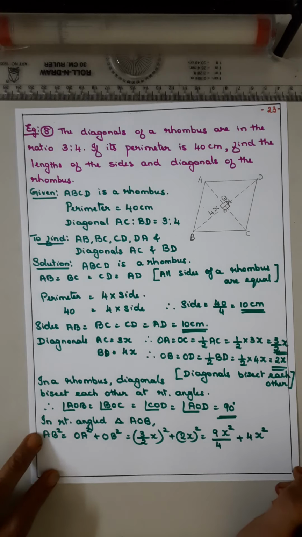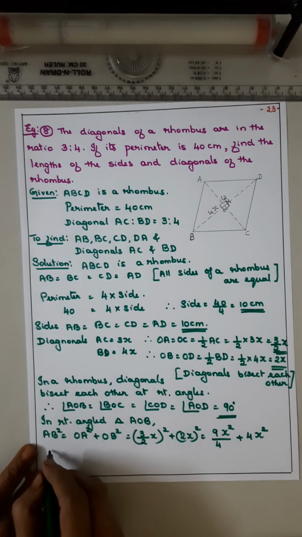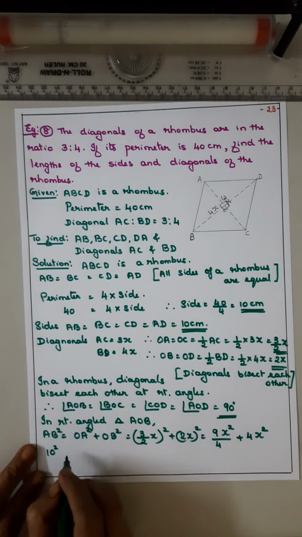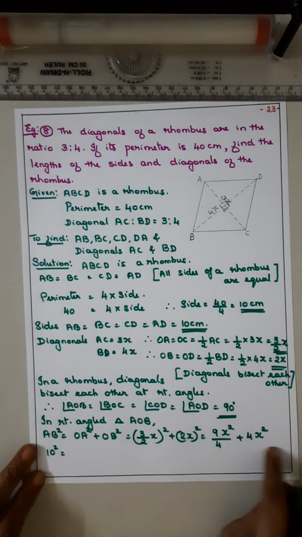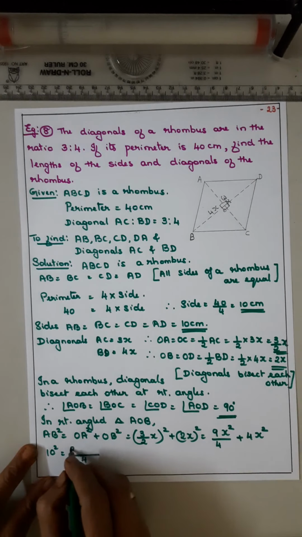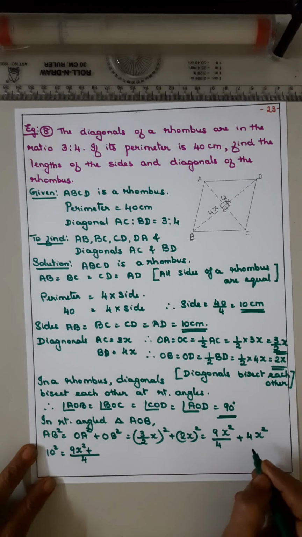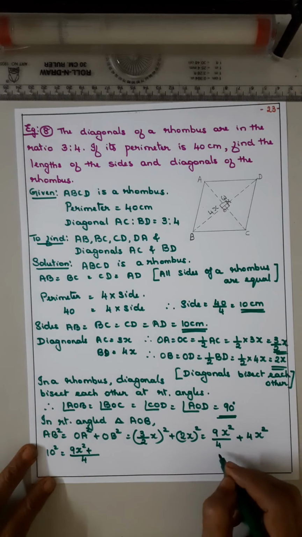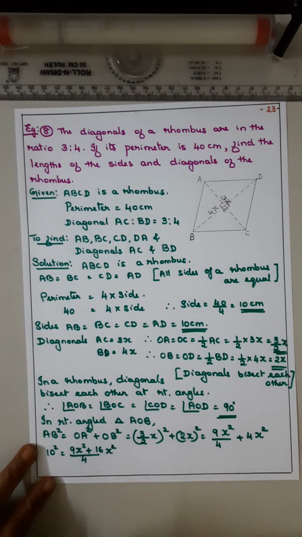Now AB, how much we got? 10. So that means 10 squared is equal to, here it is a fraction, so we take the LCM, which is 4. This is 9x squared as it is plus 4 fours are 16x squared.